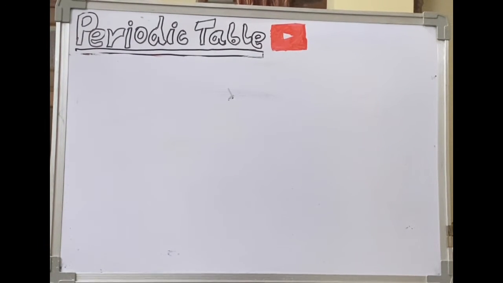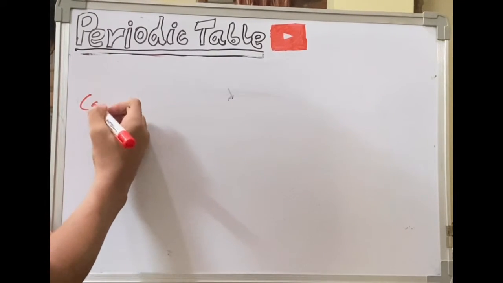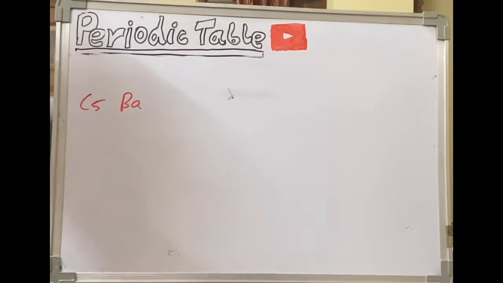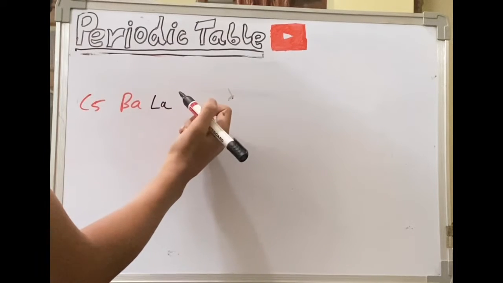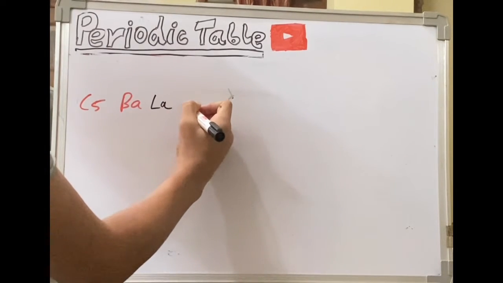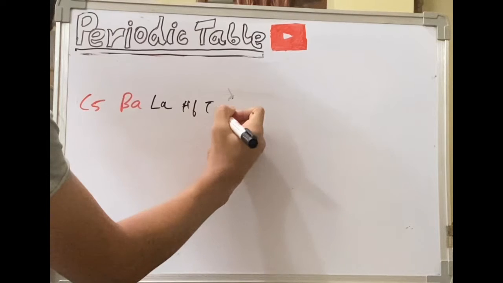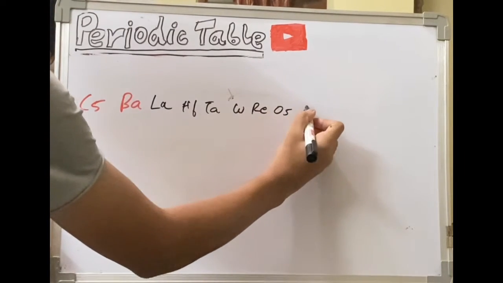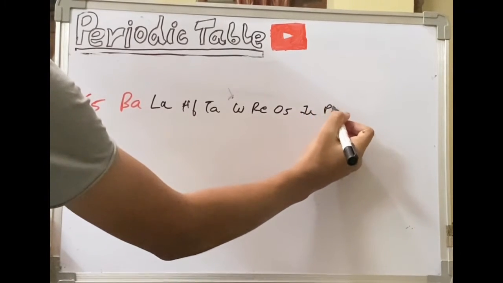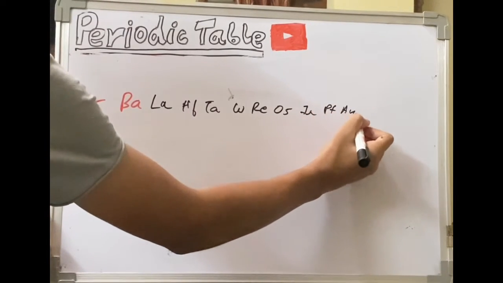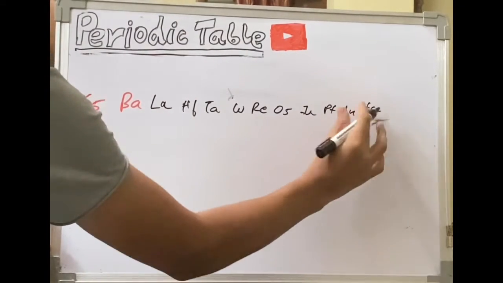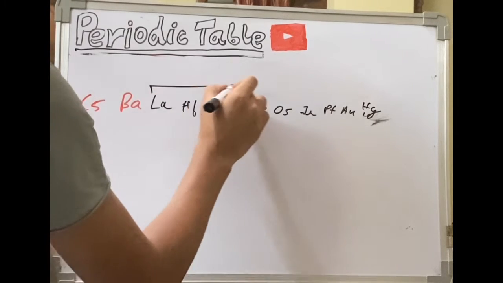So in period 6, in which we have cesium, these are s block elements, and there is La, lanthanide, and there is Hf, then Ta, W, Re, Os, Ir, Pt, Au, Hg. Okay, I won't be able to fit all of them. So these are your d block elements.